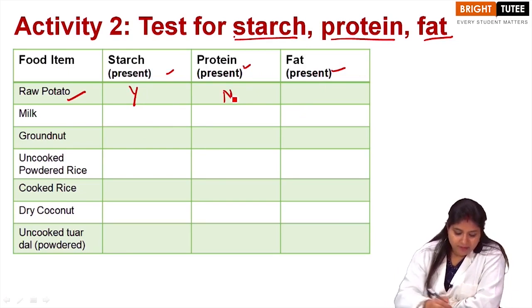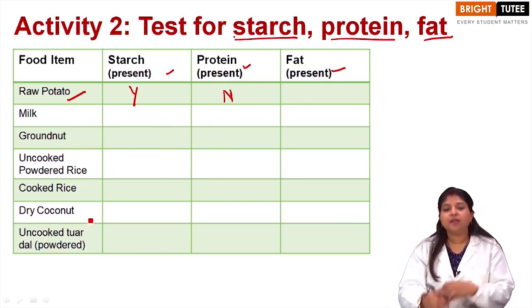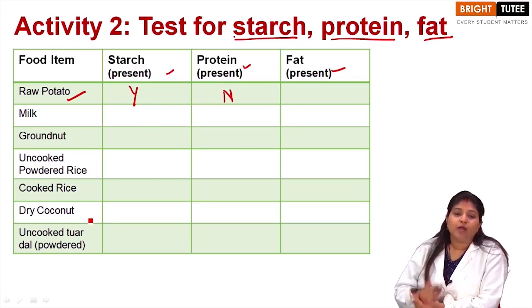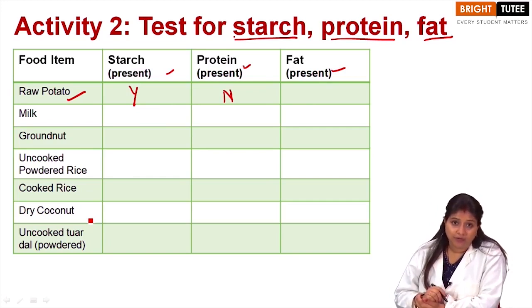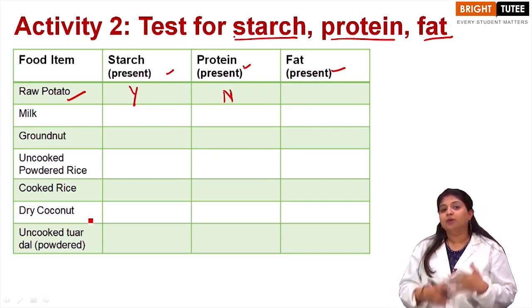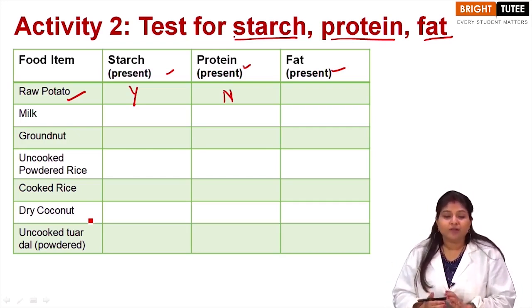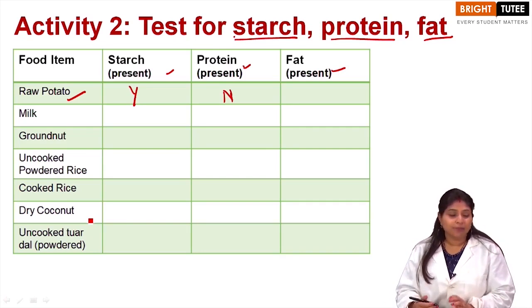In this way we will test all these items and understand whether one food item contains all three components, two components, or just one component, right? And then we will understand why there is a need for this diverse kind of food that we are eating.